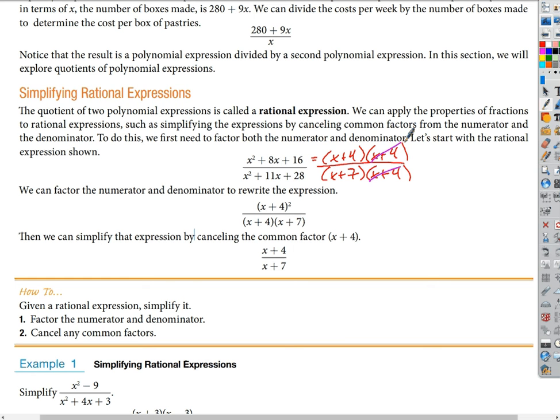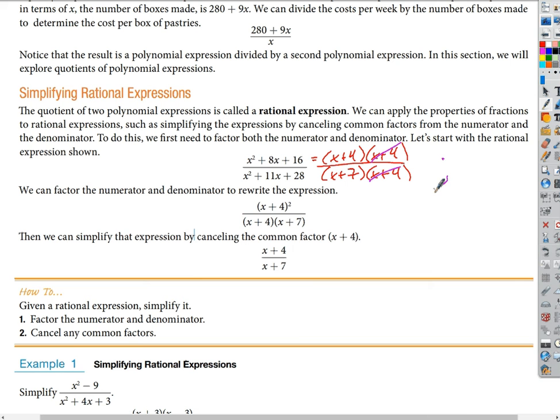Now, we have to be a little careful with that. When we cancel them, it's true that for the original function, once we factored it, if we're going to worry about the domain of this function, what are the values of x that we have to exclude? Look at the denominator before we cancel anything. What are the values of x that would make the denominator equal to 0?